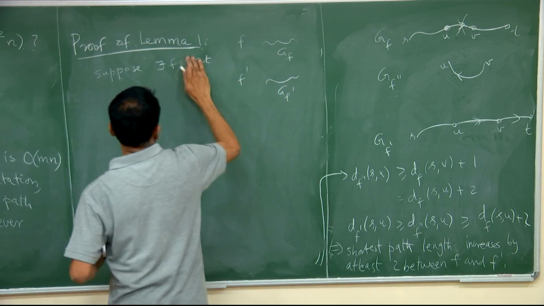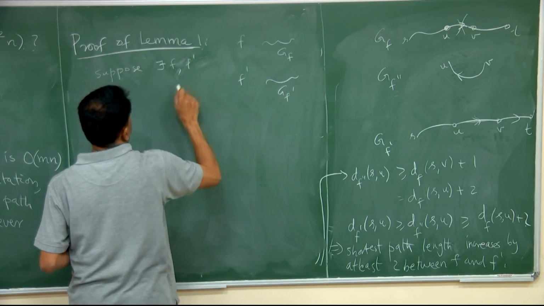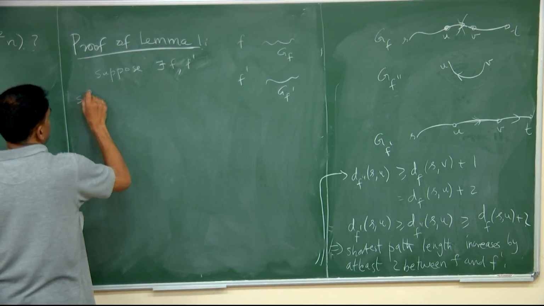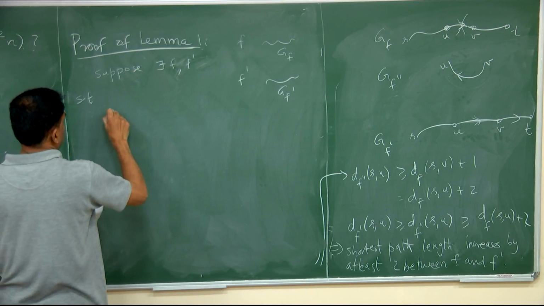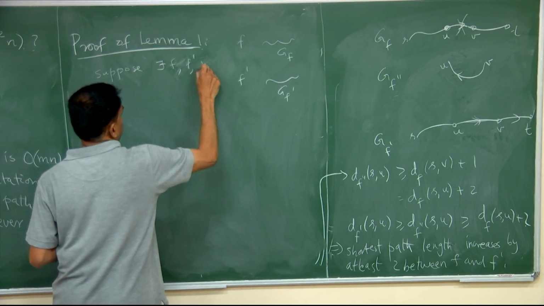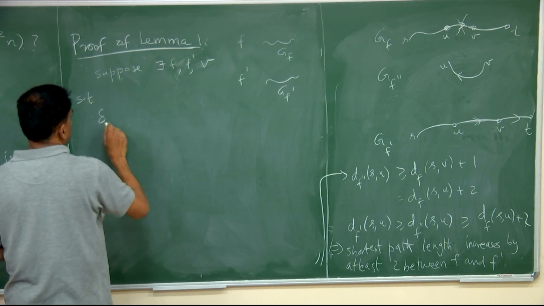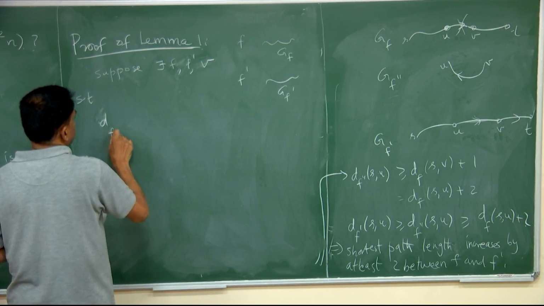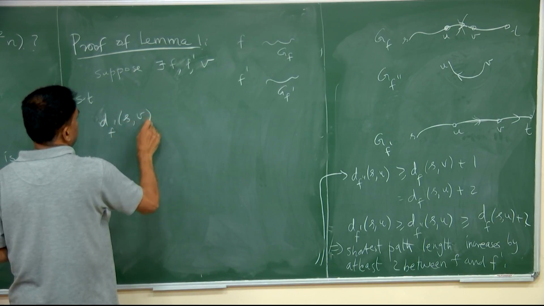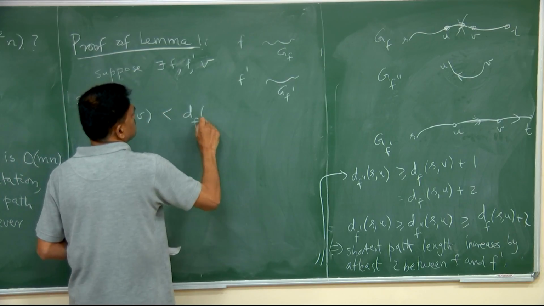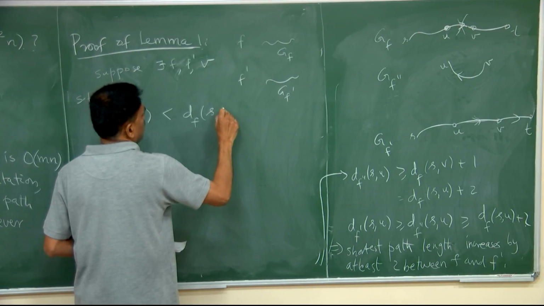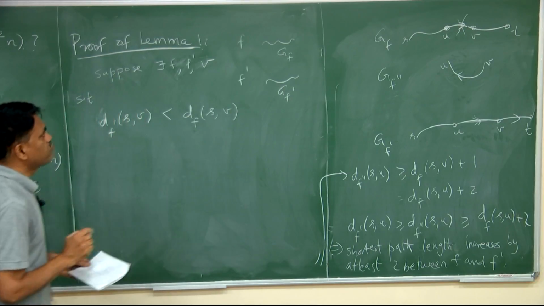There exists a vertex V such that the shortest path's length from S to V is strictly less than what it was from S to V in F.